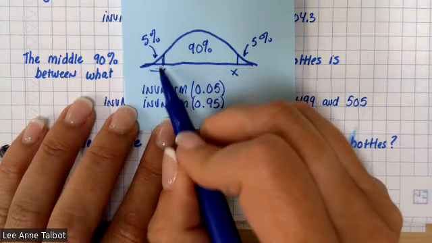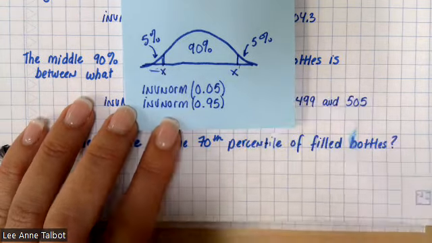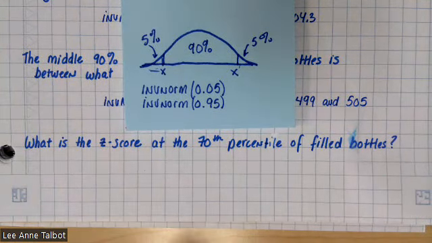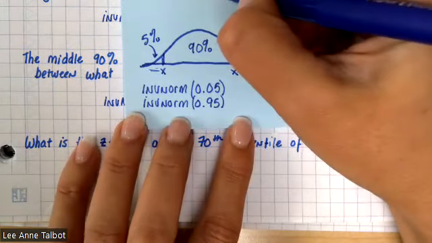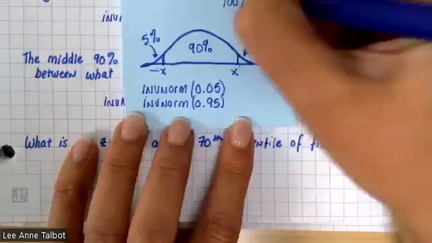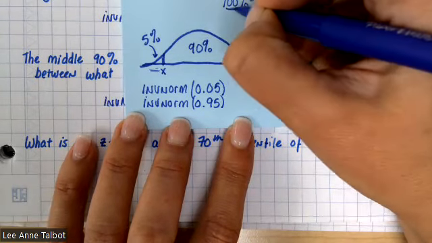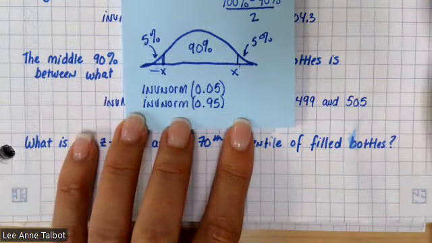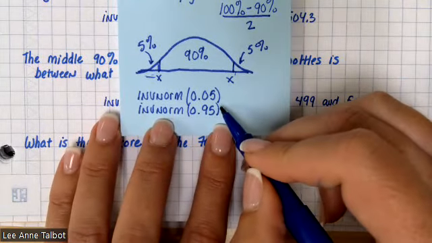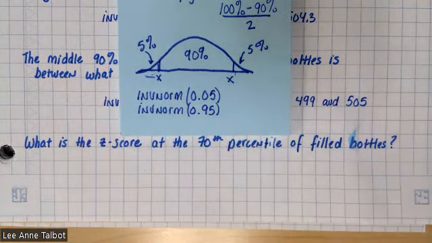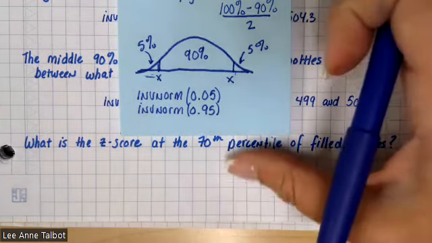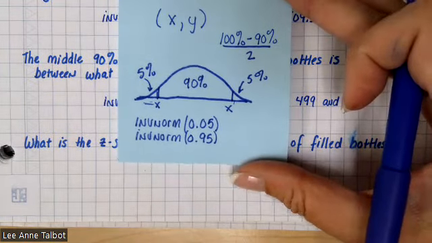Then 5% will give you this spot, and the 95% will give you that spot. How did I get those? I went 100% minus 90% divided by 2. That gave me the 5%, and then I added the 90 onto there to get the other one. Or on test day, you could just grab one of my calculators and do that. That's fine too. But this is how you do it.